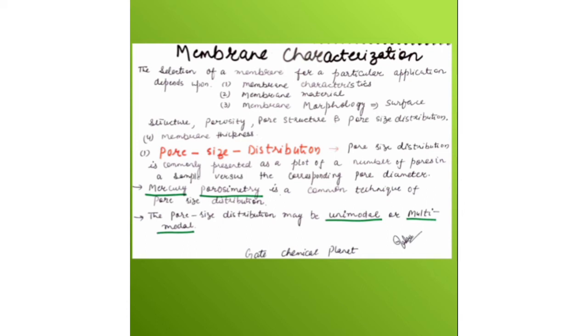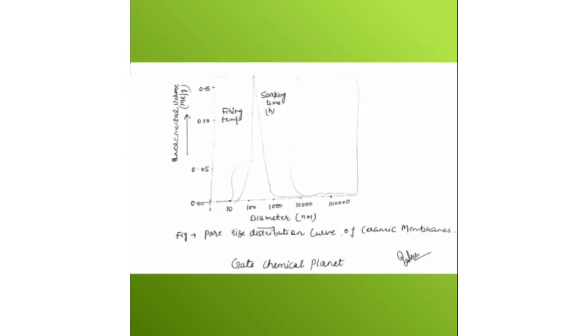The pore size distribution is commonly presented as a plot of the number of pores in a sample versus the corresponding pore diameter. Okay, so this is the graph between the diameter and the incremental volume. On the x-axis we take the diameter in nanometers, and on the y-axis the incremental volume in milliliters per gram.